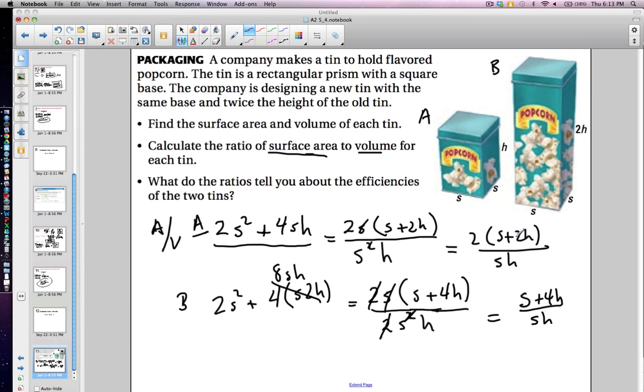But if I want to make a comparison of these, if I multiply this out, this becomes 2s plus 4h. Right? So if we're comparing the numerators, which numerator is bigger? Well, this numerator is bigger. Okay, so it actually creates a larger number than this one does. So B is more efficient.